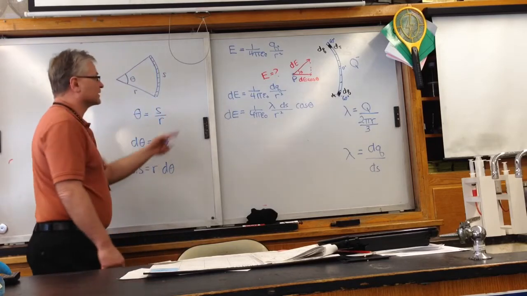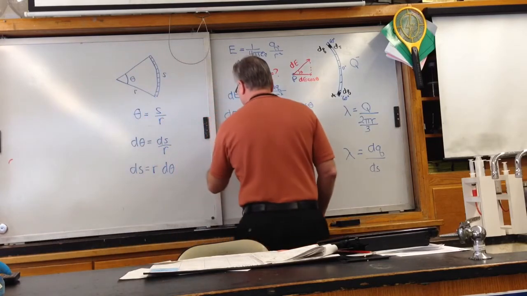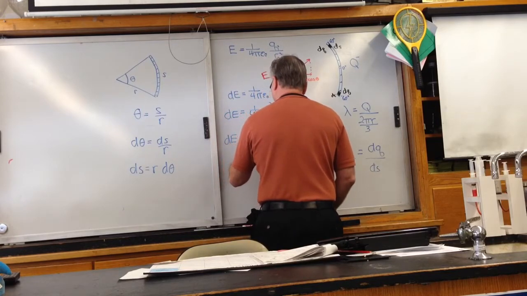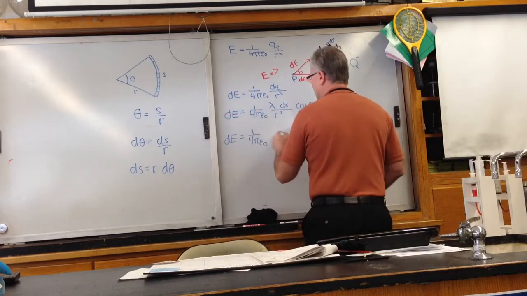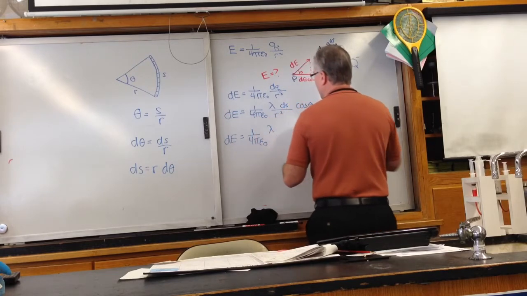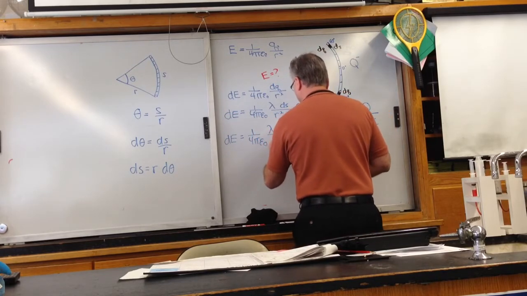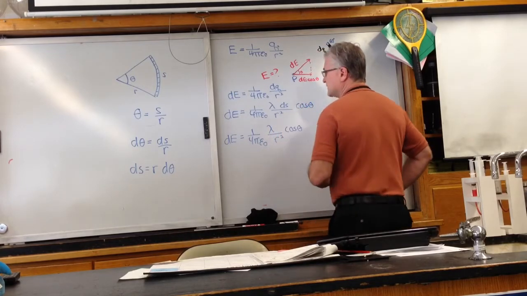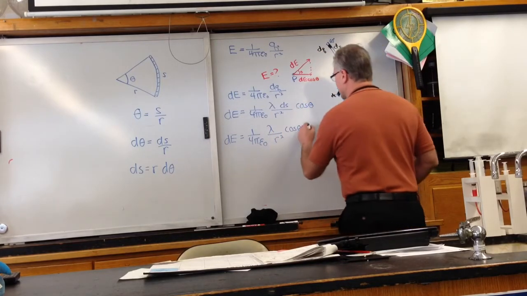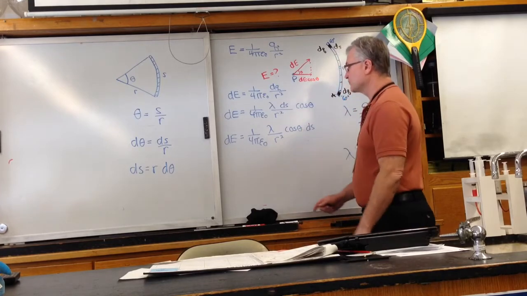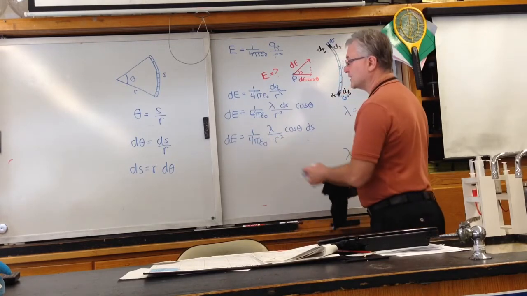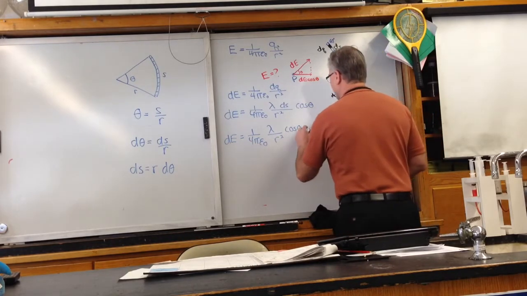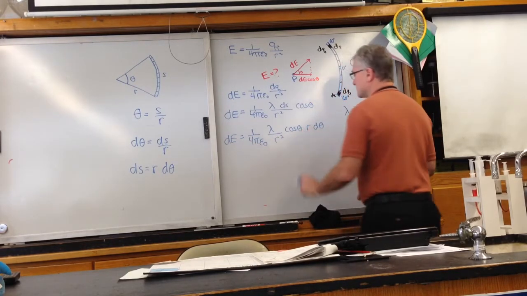All right, now let's make our little substitution in here. I'm going to rewrite this. So I've got dE equal to 1 over 4 pi epsilon naught, lambda, and r squared in the bottom, looking good here. I'm going to put the cosine in here, and then ds. Instead of writing ds, I can replace it with r d theta, which is kind of nice.